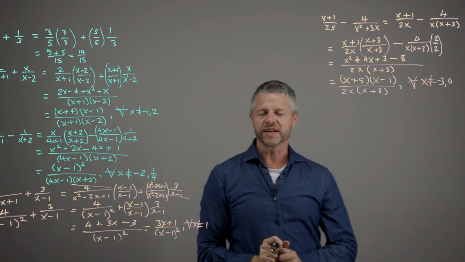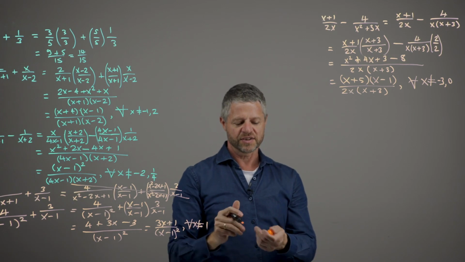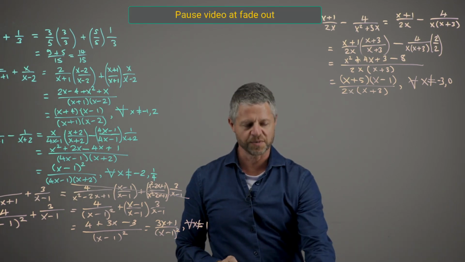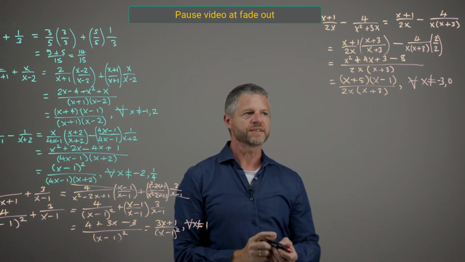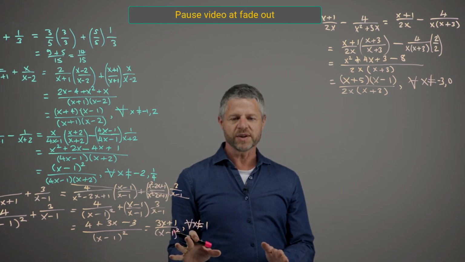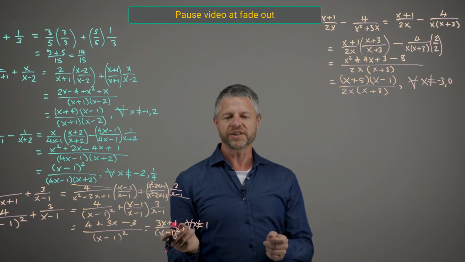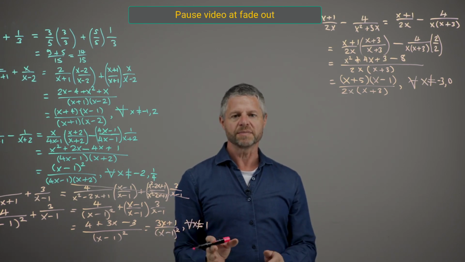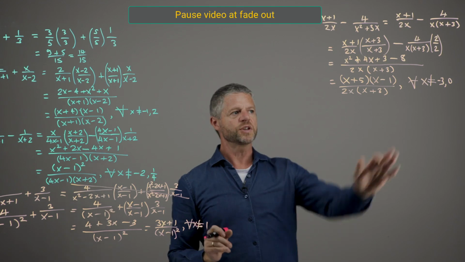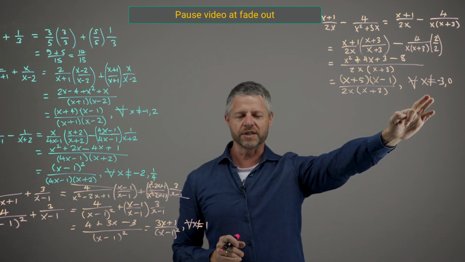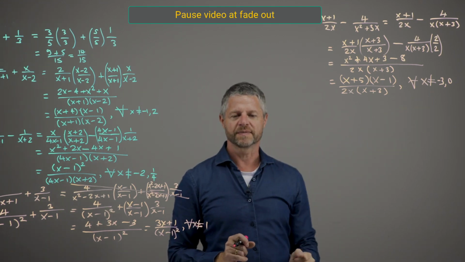So pause the video at this point and see if you can work through the next two problems and use factoring where you can and try and do the addition or subtraction and simplify your final answer, and also make a note of any values in the domain that are permitted.